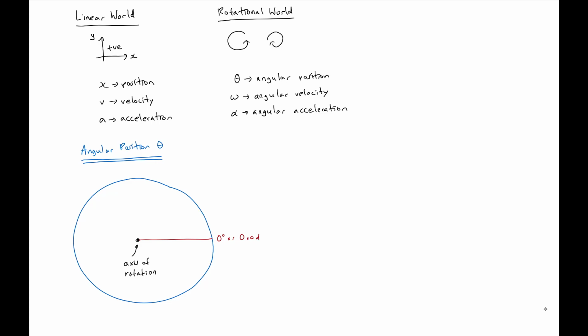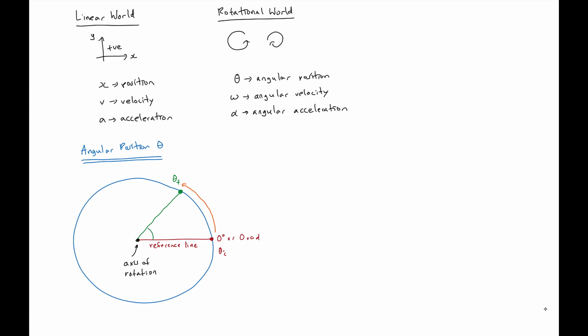So then angular position in green, if we have an object over here to start and it somehow moves over to this position, then it has changed angles from the reference line. So this is the new position. We can call this theta f, and therefore the original position theta i.